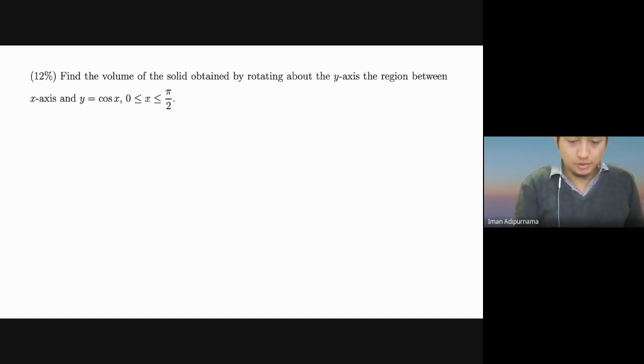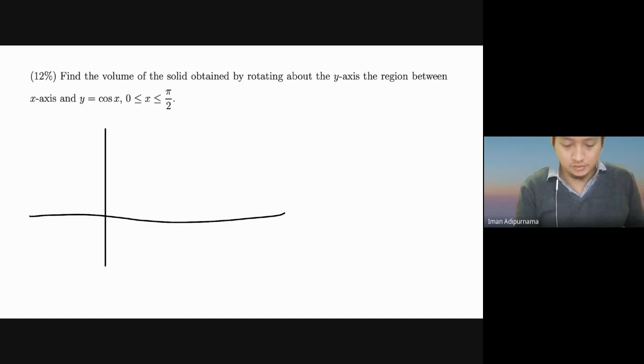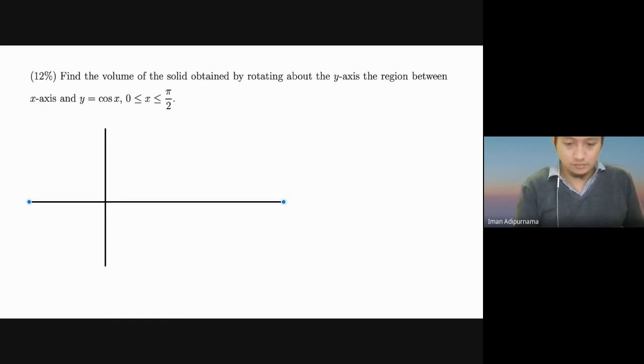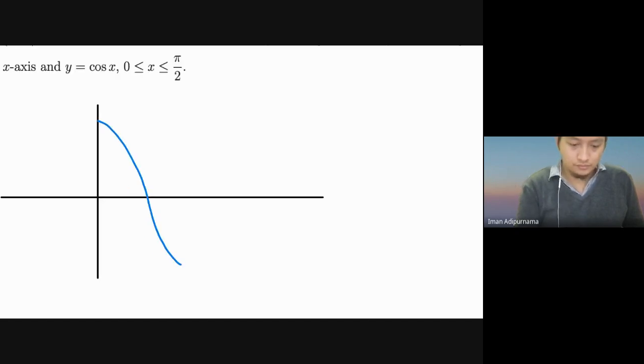I think we can start by drawing if you want to draw. I think since it's cosine x, it's not too complicated. Let's say this is 1, pi over 2.